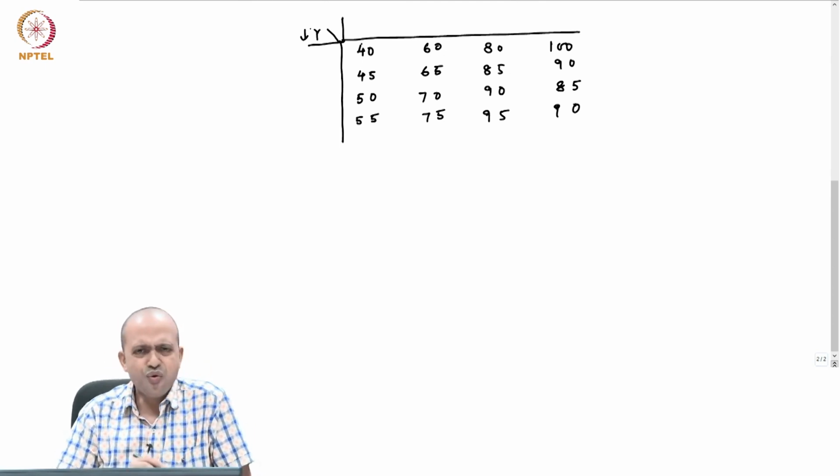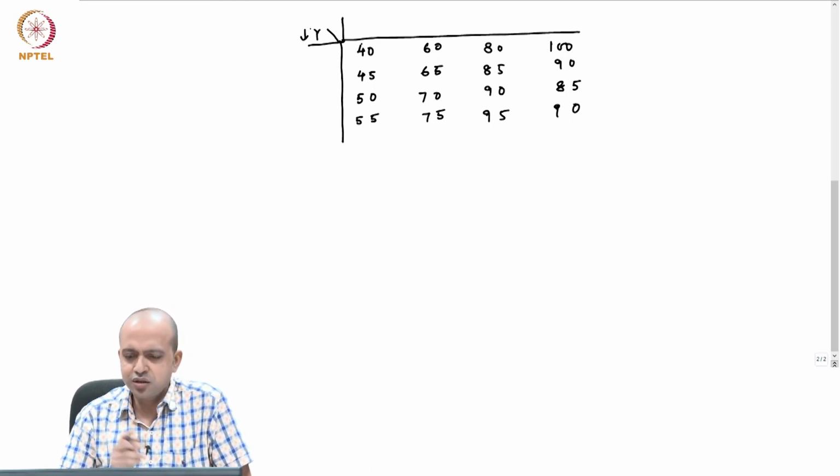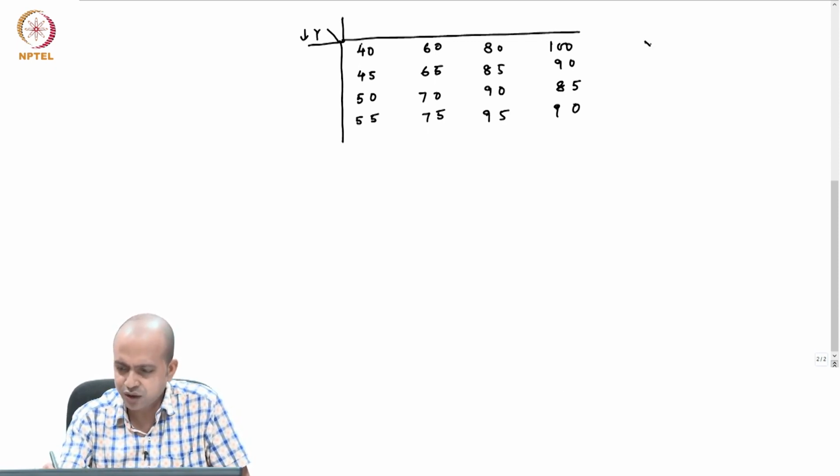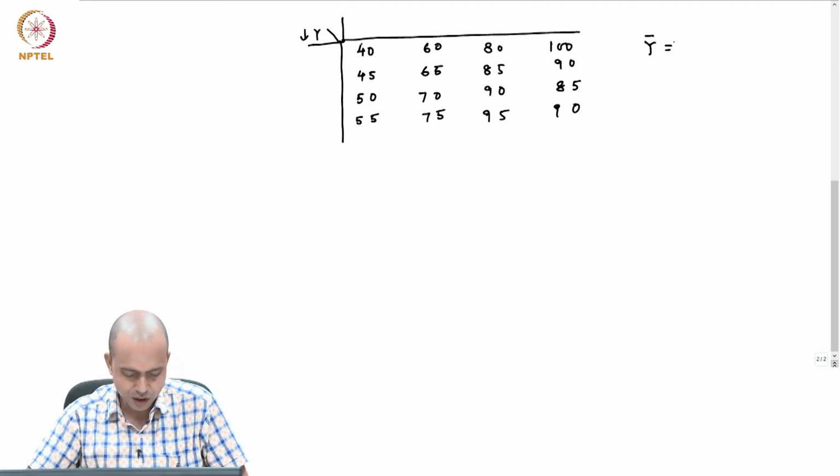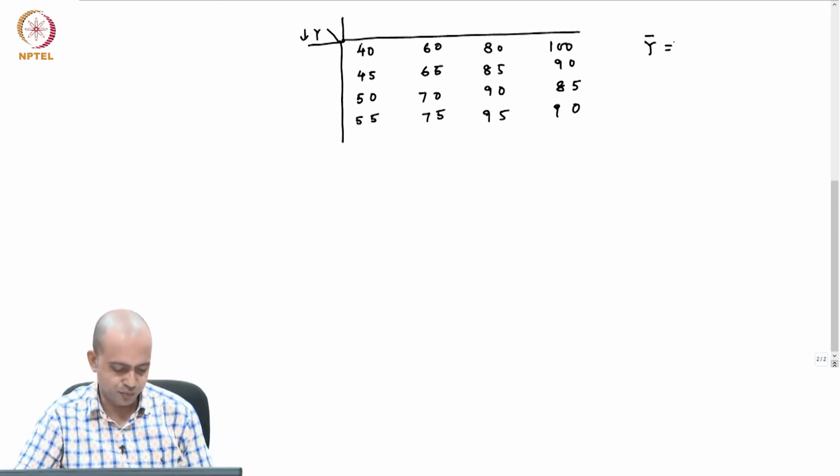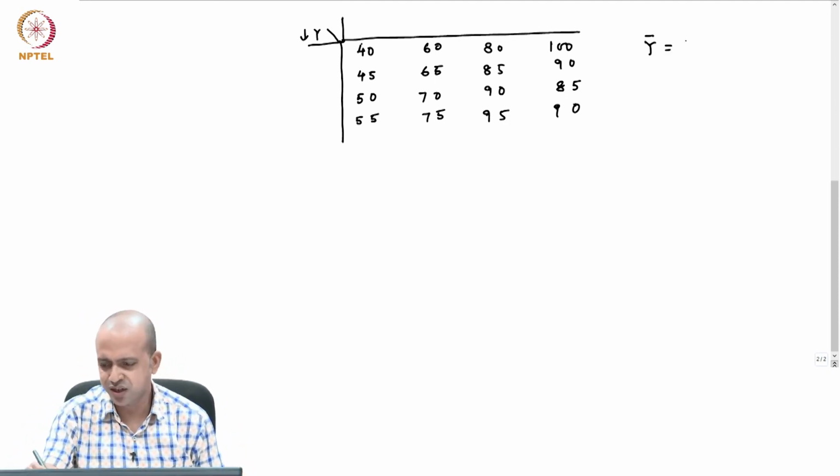Now, if I ask you what is the average weekly consumption of these families? You have 16 families' data on their consumption, and you can easily calculate the mean consumption, which might be something around 73.7.